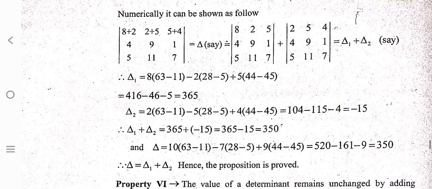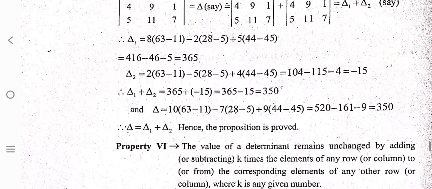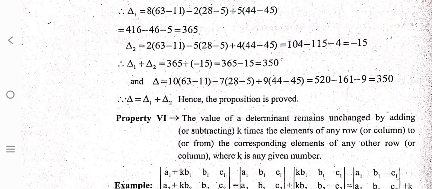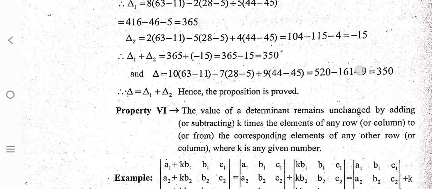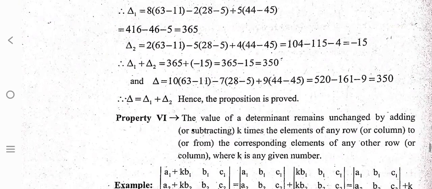And we again find the value of our original determinant, which we denoted delta. The value of delta will be 350, right? So we can write delta equal to delta 1 plus delta 2 here. Hence the property is proved for this determinant.